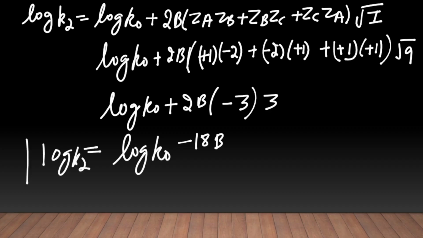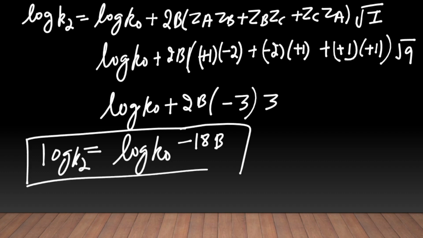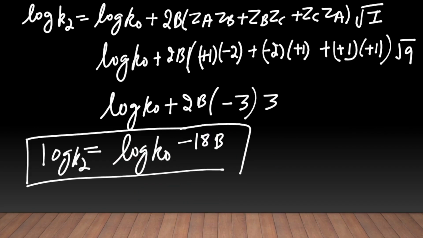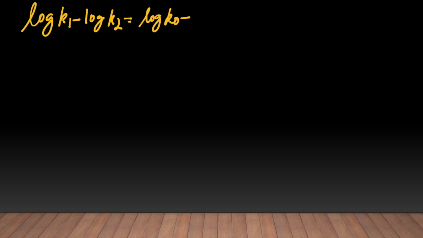So log of K1 and K2 values you have calculated. We need the ratio of these two, because log of K1 by K2 value is being asked. So subtract both of them. Log of K1 minus log of K2 will be equal to log of K0 minus 24b minus log of K0 minus 18b.